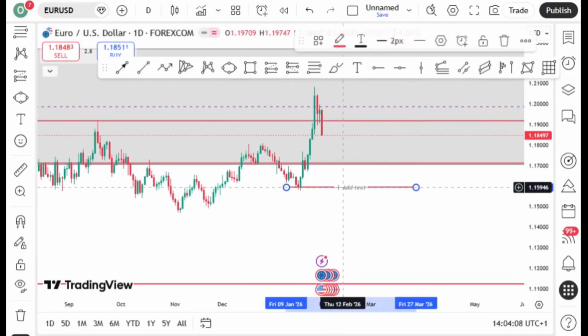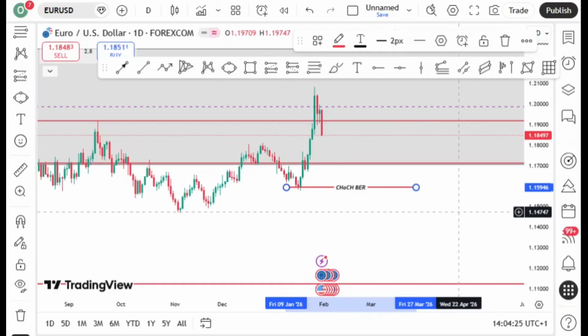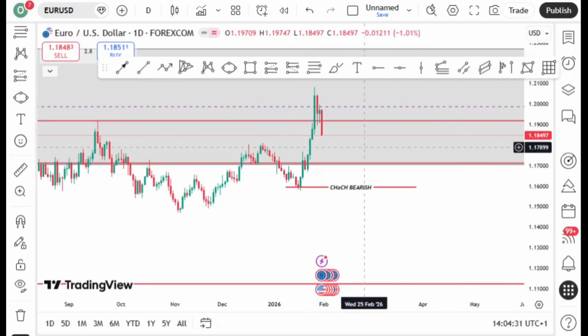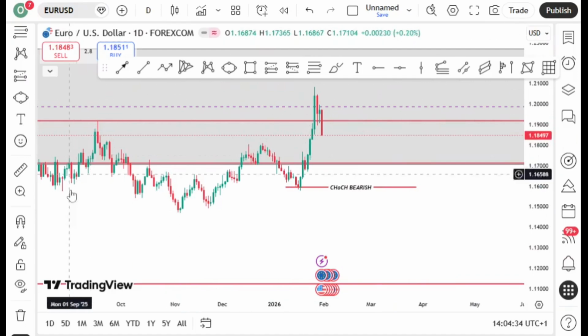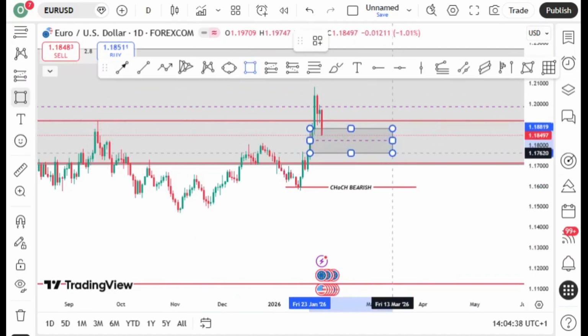I'm looking for market to break this current low, which should be a change of character, a bearish change of character, and I'll be looking for an entry within this zone here.